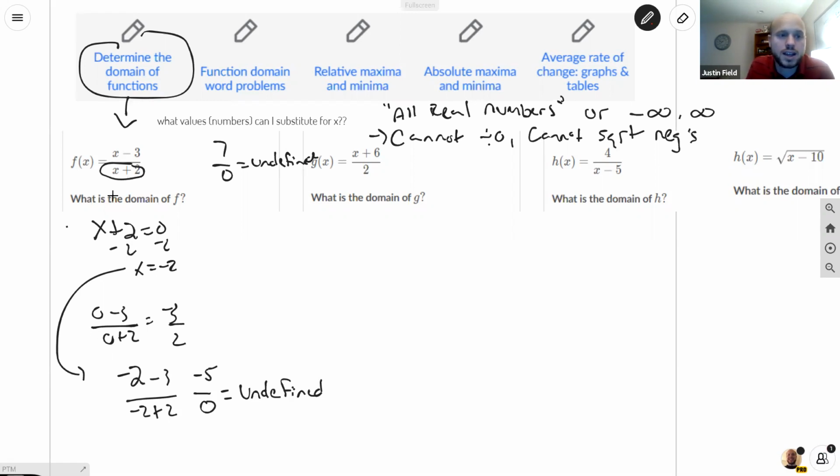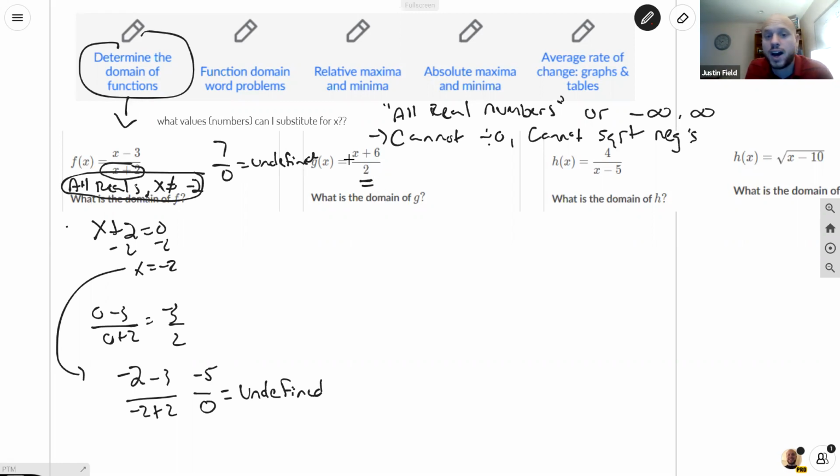So we say that the domain is all real numbers, or I just shorten it and say all reals, x not equal to negative 2. That's how Mr. Fields says it. All reals such that x is not equal to negative 2. Okay, second one, you see the denominator is 2.